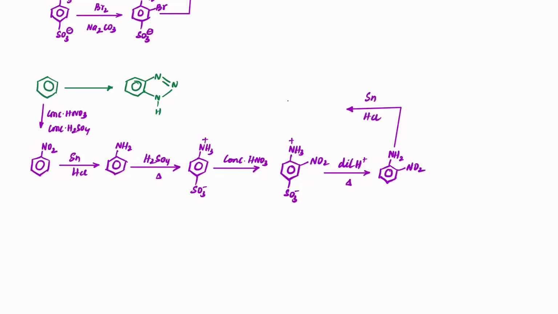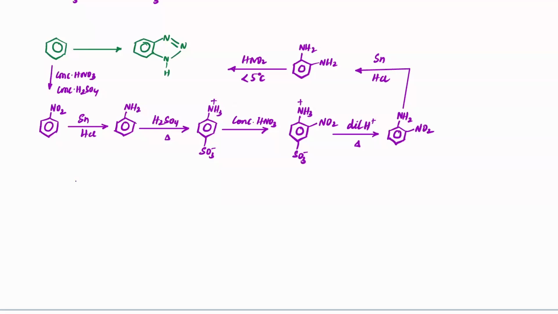Sn and HCl will convert this into NH2 and NH2. And NH2 and NH2 with HNO2, at less than 5 degrees Celsius, will give you this product. Let me show you that product here.